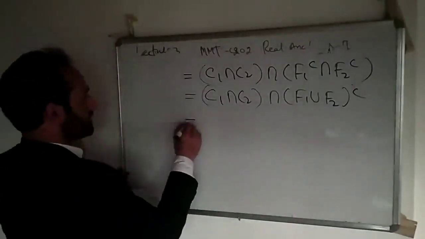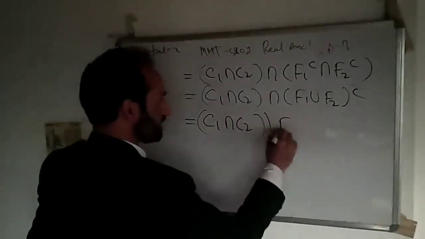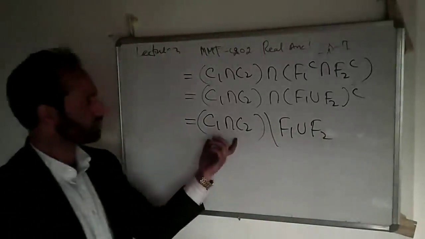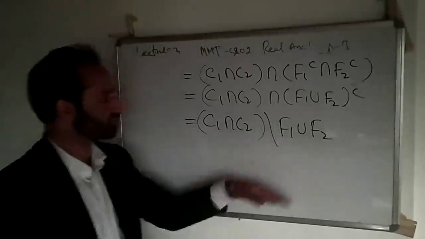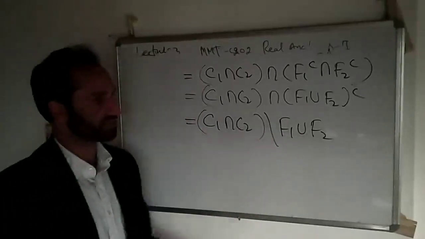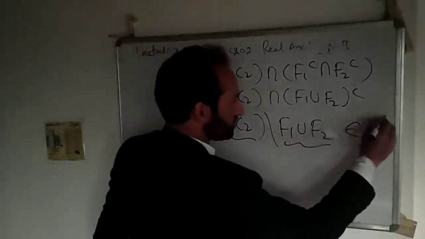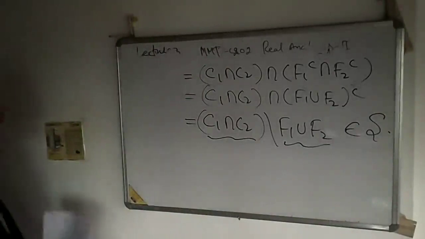That's equal to C1 intersection C2 minus F1 union F2. So it's a difference of two closed sets, because C1 intersection C2 is closed and F1 union F2 is closed. So it belongs to S. So S is closed with respect to finite intersection.